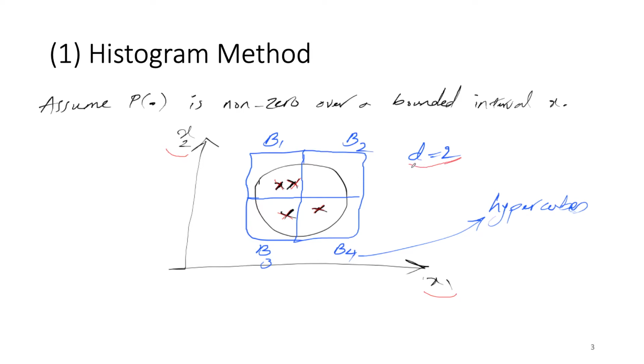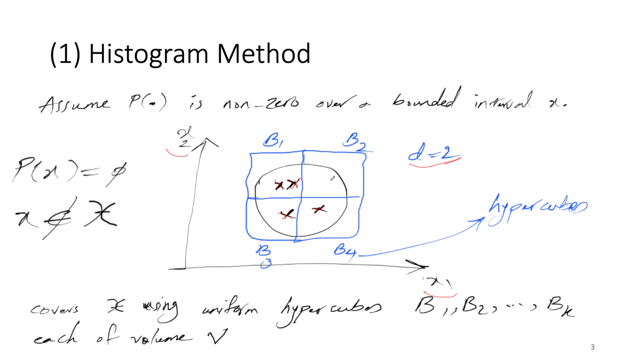Now, if you want to mention the density and the probability of having x's within each of those hypercubes, we're going to say that B1 contained 2 of the x's, B3 contained 1 of the x's, B4 contained 1 of the x's, and B2 had none.